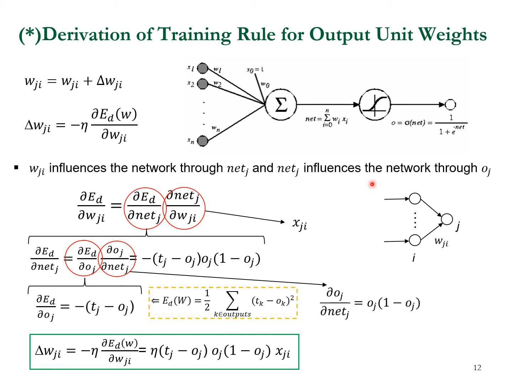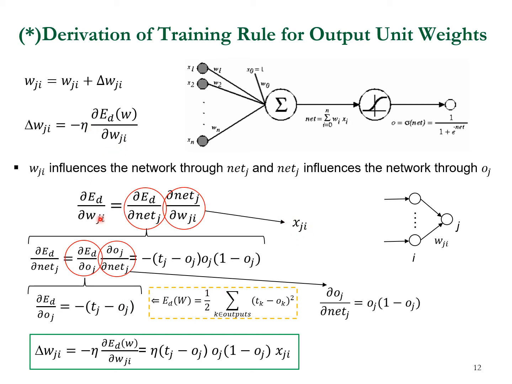This slide explains the weight update for the output node. So now we are updating this weight, which connects from the hidden node to the output node. Finally, delta wji is minus eta times this derivative, and this derivative is this times this times this, right?